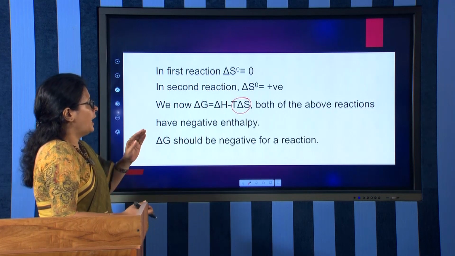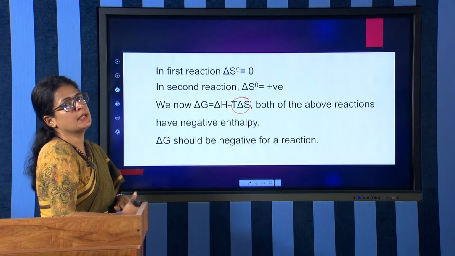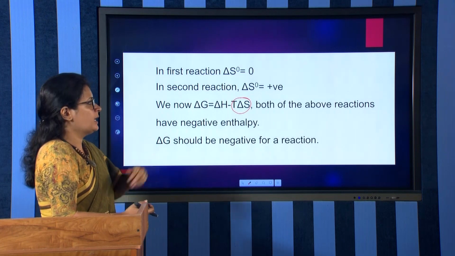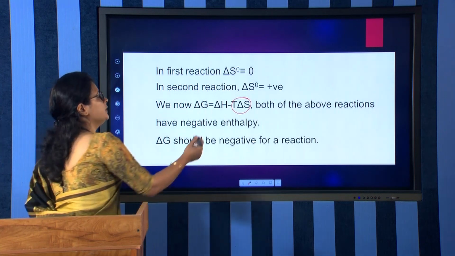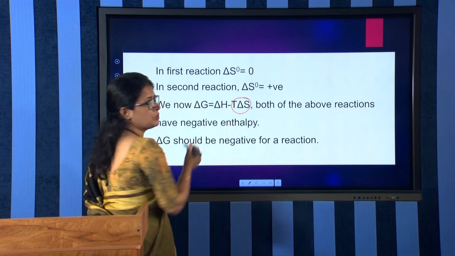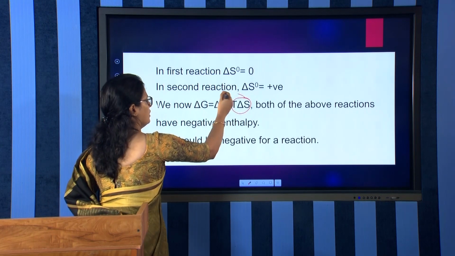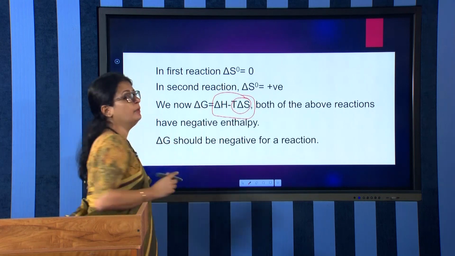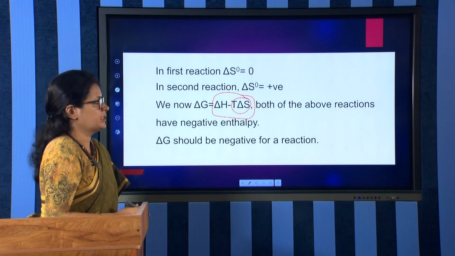Okay. And now, in the second reaction, delta S is a positive quantity. As delta S is positive, the whole thing will be positive, but there is a negative sign here. So this whole value will be more negative if the delta S value is a positive quantity.